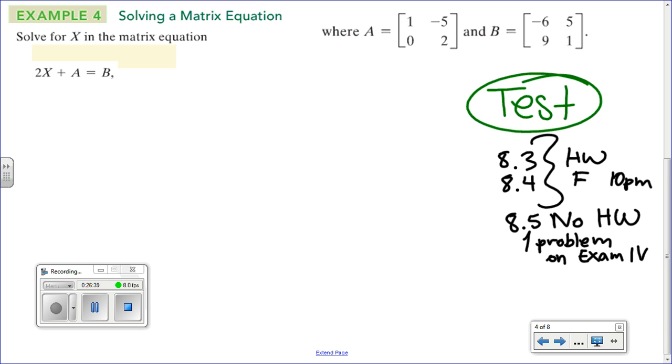Now, why am I making the homework due on Friday? Because I know how you guys procrastinate. If I make it due on Wednesday, you're not going to do your homework. You're going to procrastinate, and then the take-home exam will pile up on you as well as the final exam.